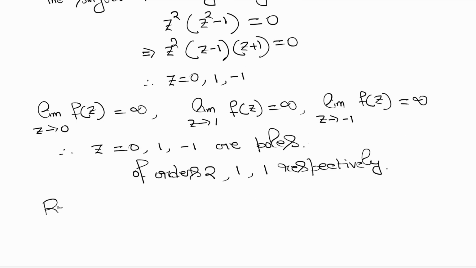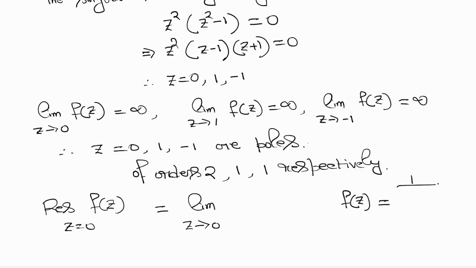Now the residue of f(z) at z = 0 is given by the limit as z tends to 0. In this case, we will write this f(z) as 1/z^2 times 1/(z^2 - 1). We will treat this function as phi(z).